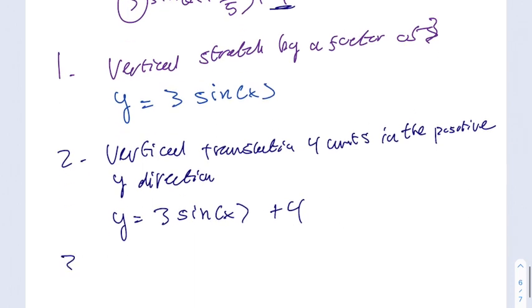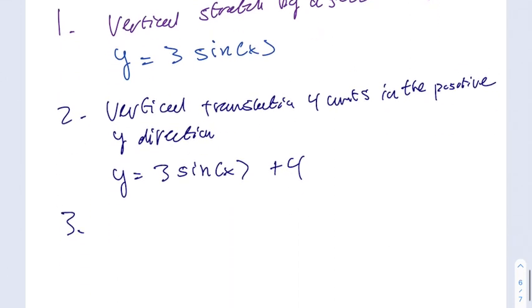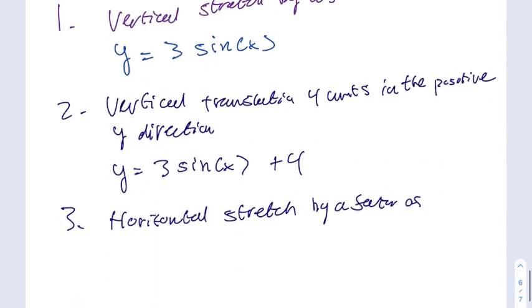And then, okay, now we look at what is inside here. So we see that there is a 2 here, and this corresponds to a horizontal stretch by a factor of not 2, but 1 over 2, so the half, which is going to give us y equals 3 sine of 2x plus 4.